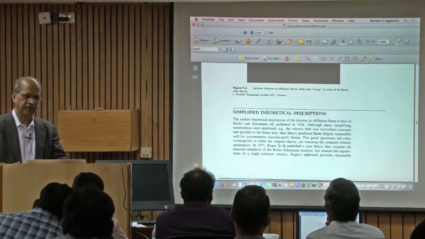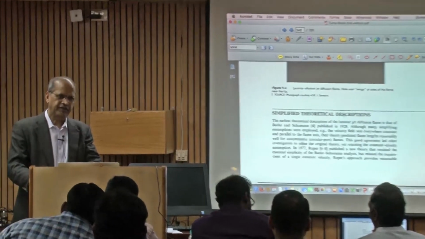These were two engineers who derived a solution for this axisymmetric reacting jet. Basically, they use the same equations we are discussing today for axisymmetric jet flow. But they made very crude assumptions, I shouldn't say crude, very drastic assumptions. Objective was to get the solution for YF.